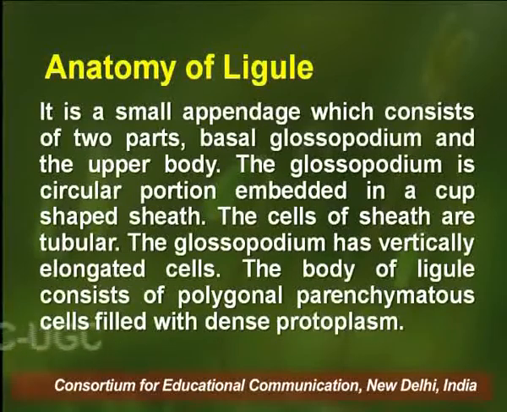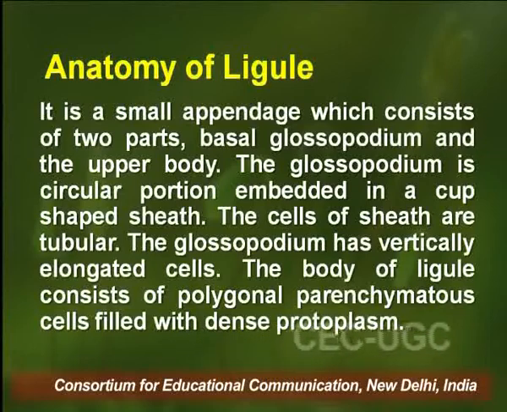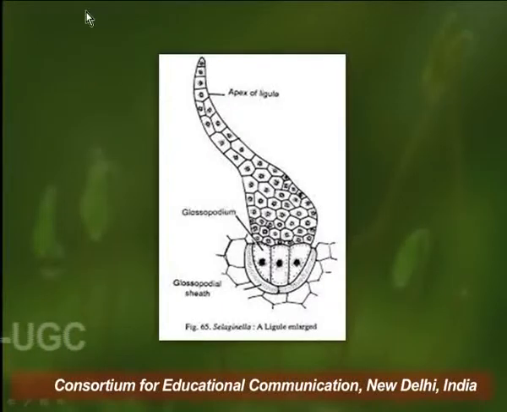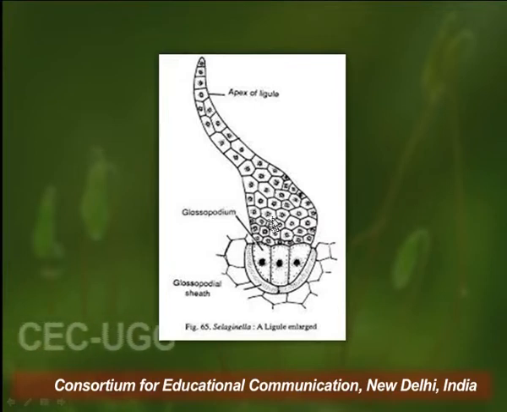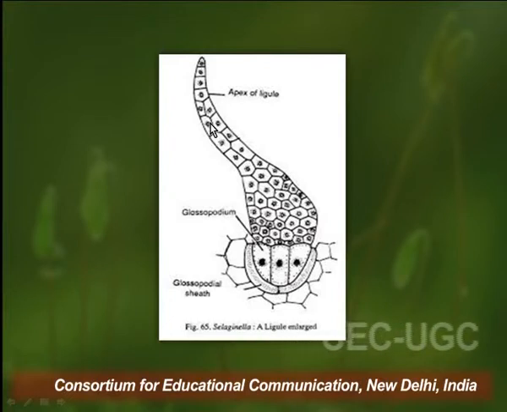The cells of the sheath are tubular. The glossopodium has vertically elongated cells. The body of the ligule consists of polygonal parenchymatous cells filled with dense protoplasm. Here you can see in the diagram that the basal cup-shaped structure has an elongated glossopodium, and then parenchymatous cells are found on the upper part of the ligule.